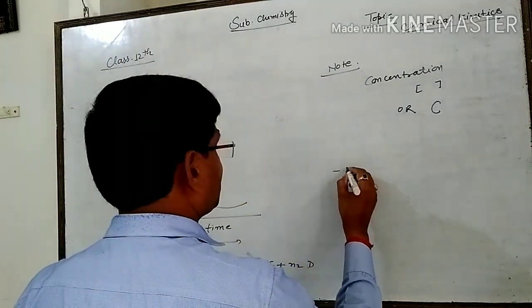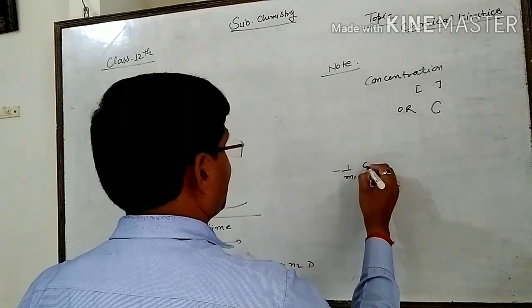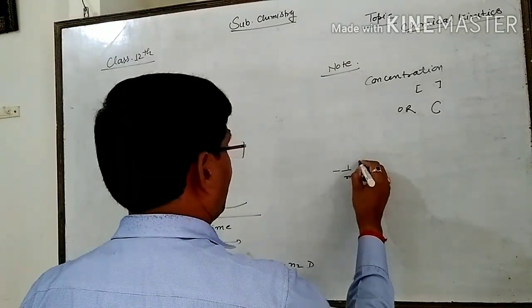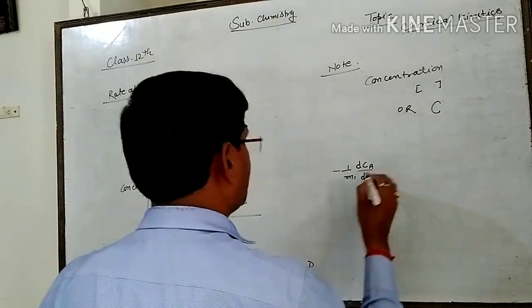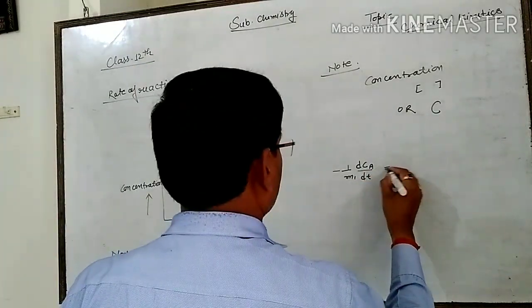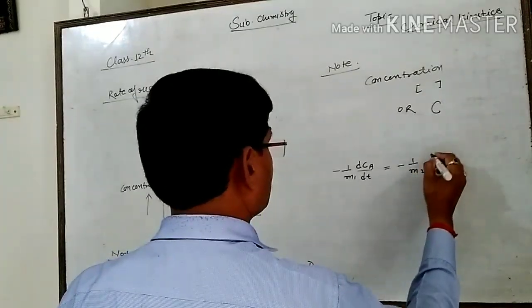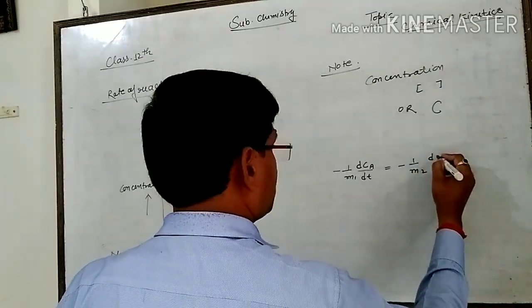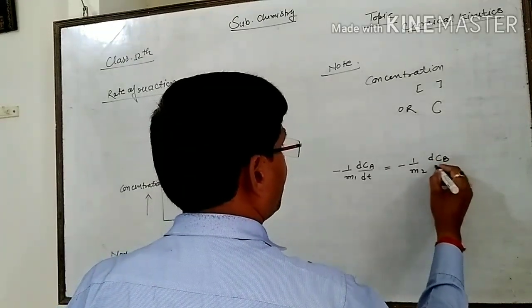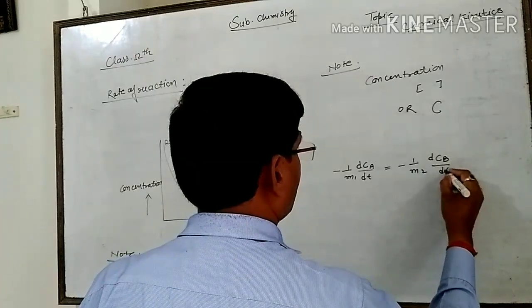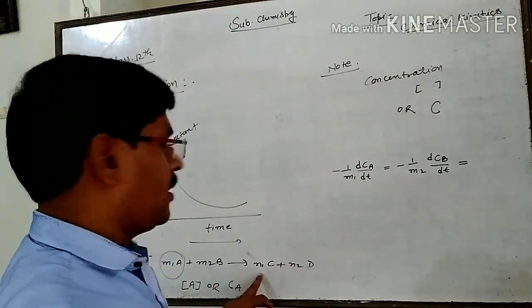It means minus 1 upon m1 d[A] upon dt, which is also equal to minus 1 upon m2 d[B] upon dt, and this is also equal to the product side.